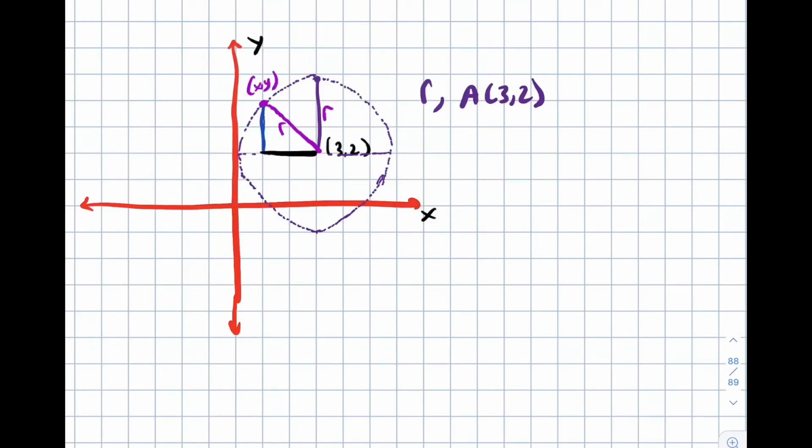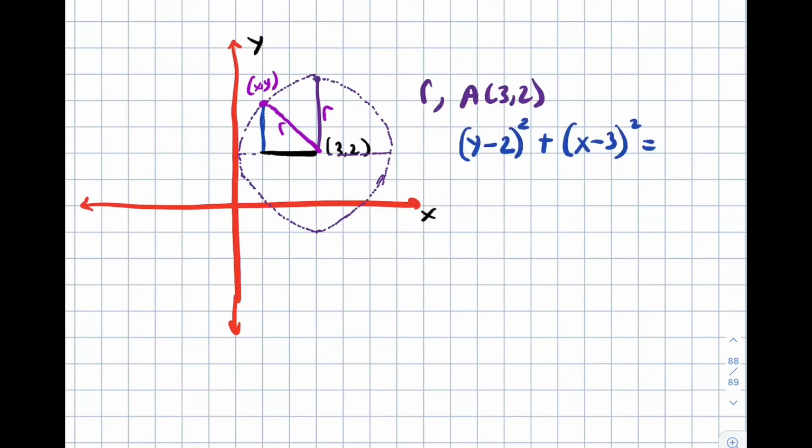So if we use the Pythagorean theorem, remember guys, one side squared plus another side squared equals the hypotenuse squared. To find one side vertically, y minus 2 squared, plus horizontally the length, x minus 3 squared.